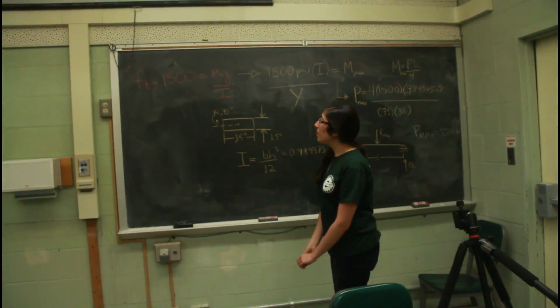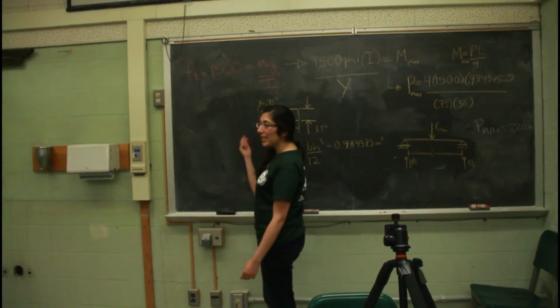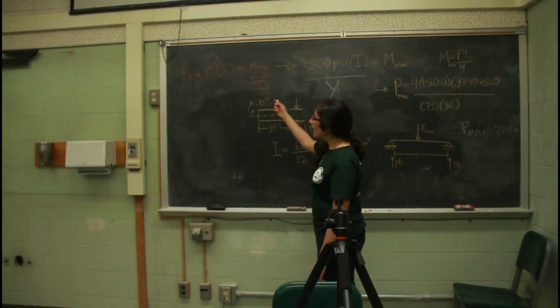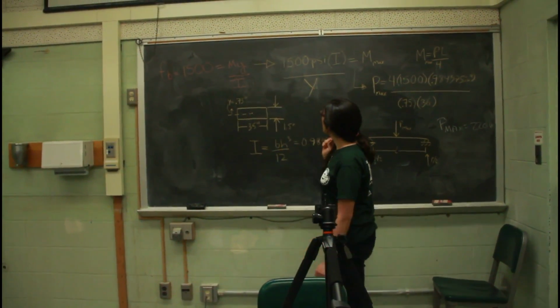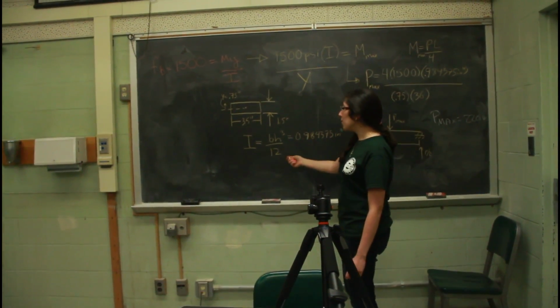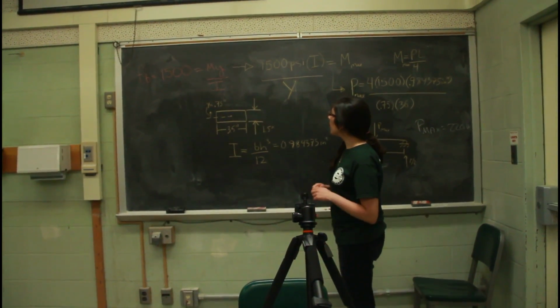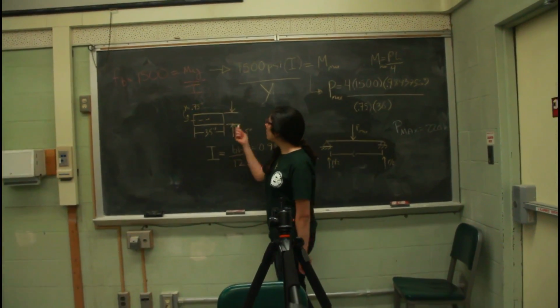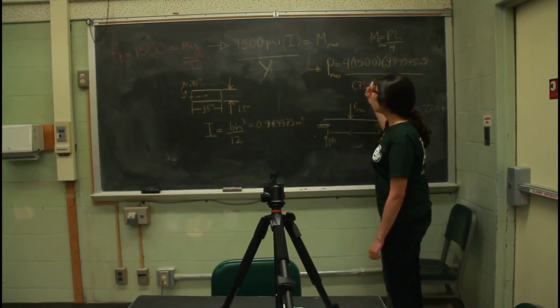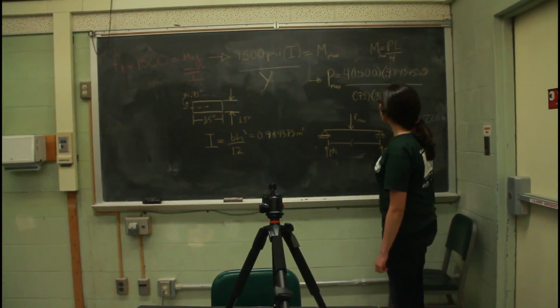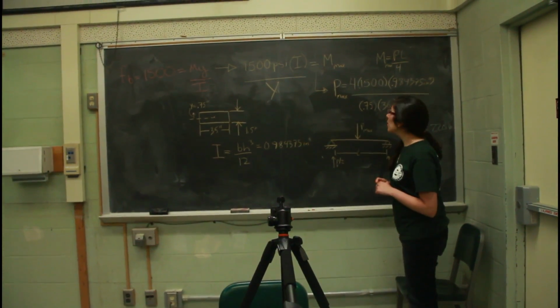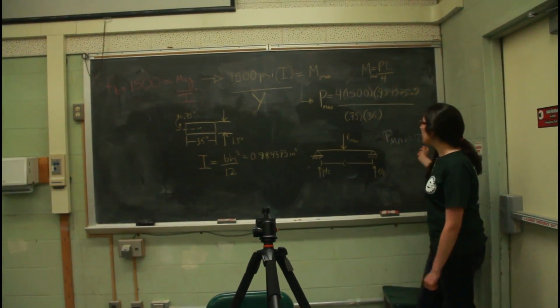So the bending stress is obtained from the data tables, and plugging into the equation, we find also the inertia to be 0.984 and the y to be 0.75. Plugging in, we obtain the maximum moment, but we also can find the maximum load to be 220 pounds.